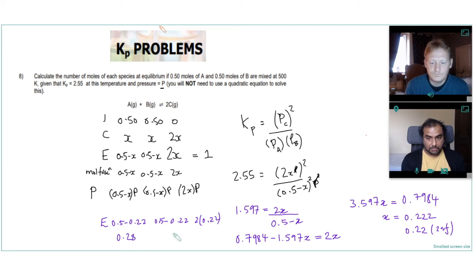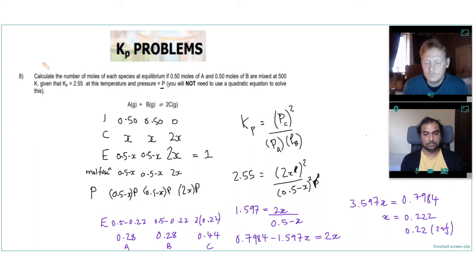So 0.28, 0.28, that's 0.44, and that's A, B, and C, just to be clear again. Excellent. And that's the number of moles of A, B, and C at equilibrium. Brilliant. So that's the final answer.